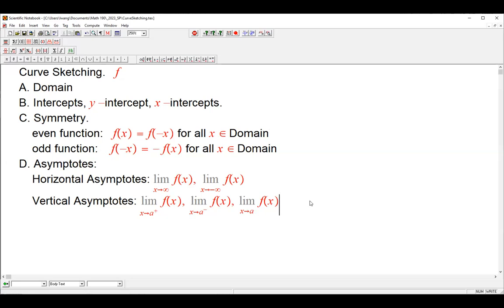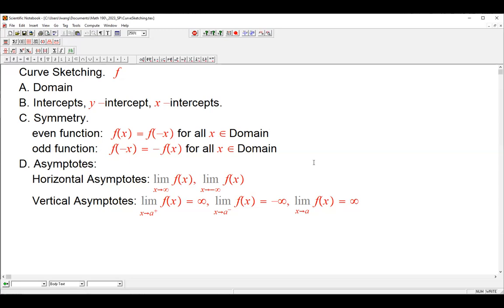So we'll be studying these limits. If these limits equal infinity, it could be positive infinity or negative infinity, then these are the cases where we get vertical asymptotes.